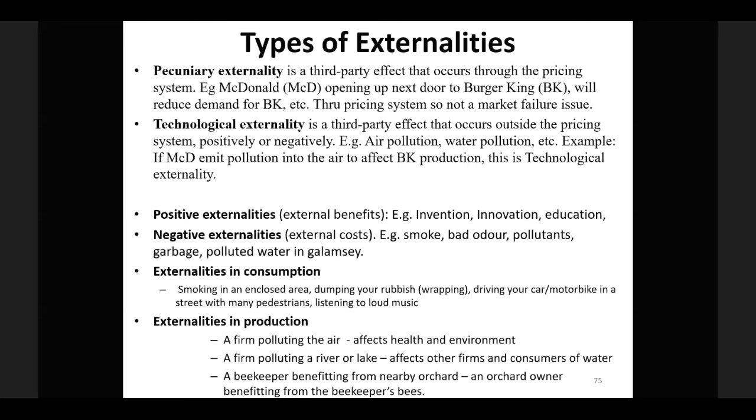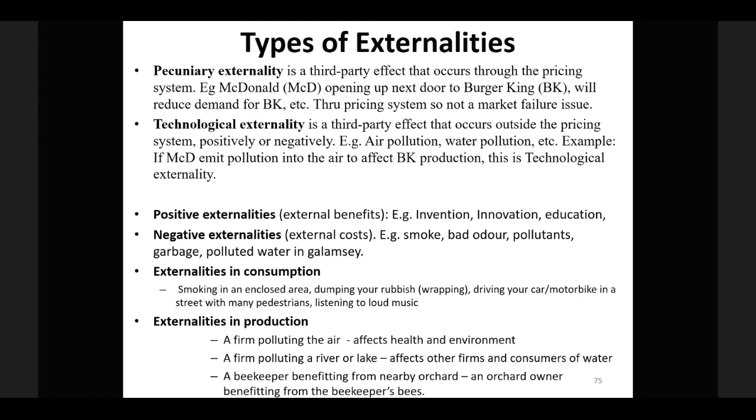And we have what we call technological externality, where a third-party effect occurs outside the pricing system, either positively or negatively. Examples are air pollution and water pollution. These are all kinds of technological externality. Taking the same example as the first one, if McDonald's emits pollution into the air and this affects the production possibilities of Burger King, then we can say this was a technological externality.